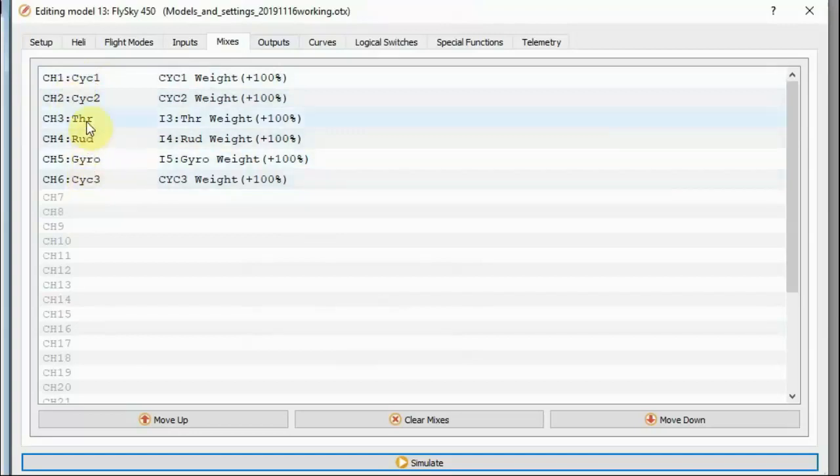The throttle is connected to channel 3, the rudder is connected to channel 4, and channel 5 is connected to the gyro, which basically means that it has a wire coming out of it. It's usually only a single wire as well, in this case, that connects to the rudder gyro.